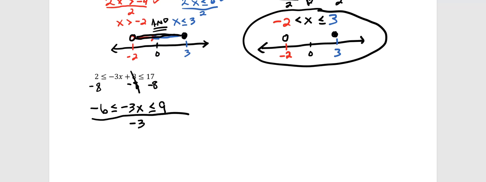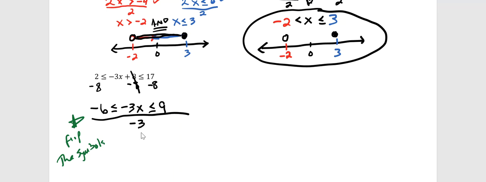Now, the warning bells should be going off here, right? Flip the signs. Oh, I'm sorry, not flip the signs, flip the symbols. We're dividing by a negative, and we already know the rule, no matter what, is going to be to flip the symbols when we multiply or divide by a negative, but this is going to be flip two symbols.